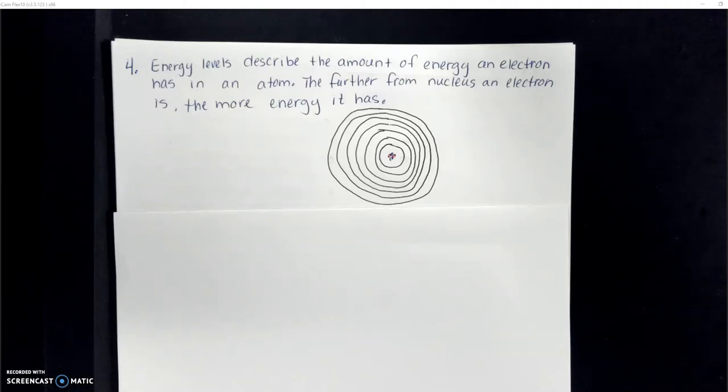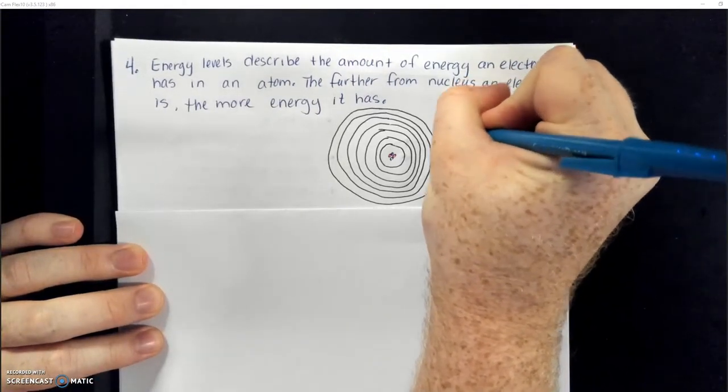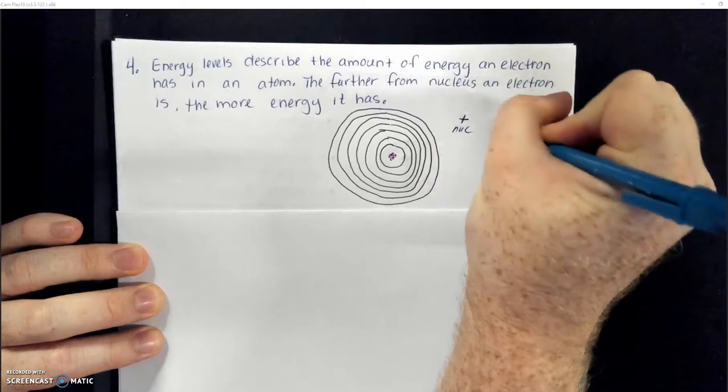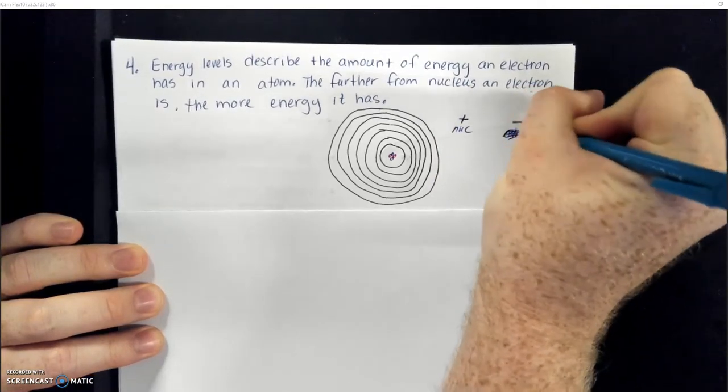Okay? Now the reason why that occurs is because the nucleus overall has a positive charge. Okay? The neutrons don't affect the charge at all. There's only positively charged particles in the nucleus. Okay? So if the nucleus is positive, the electron is negative. Okay?